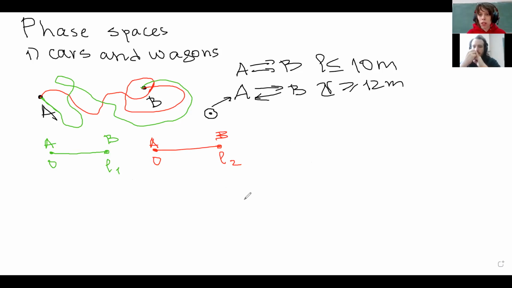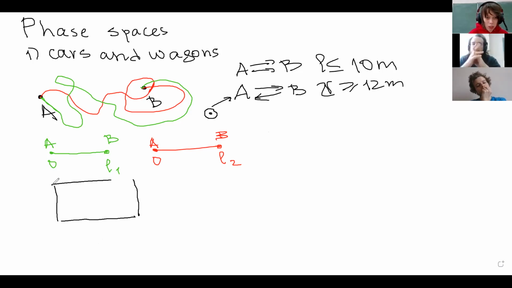The phase space for two vehicles moving along these roads. Anyway, it's a rectangle. So here is 0, here is L1, here is 0 for the second road, and L2 is here.